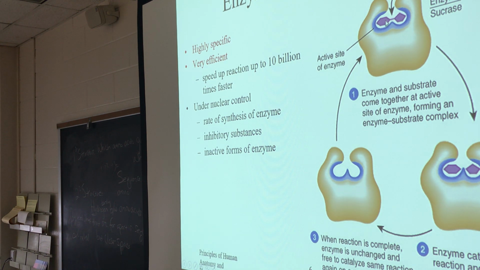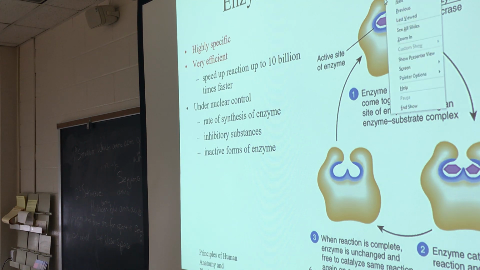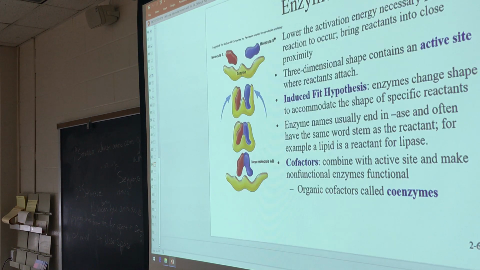Right? And again, this is the binding site that I want you to look at. Very specific. So even though glucose and galactose look almost identical, right? They look almost identical. The only difference between glucose and galactose, they have the same chemical formula.